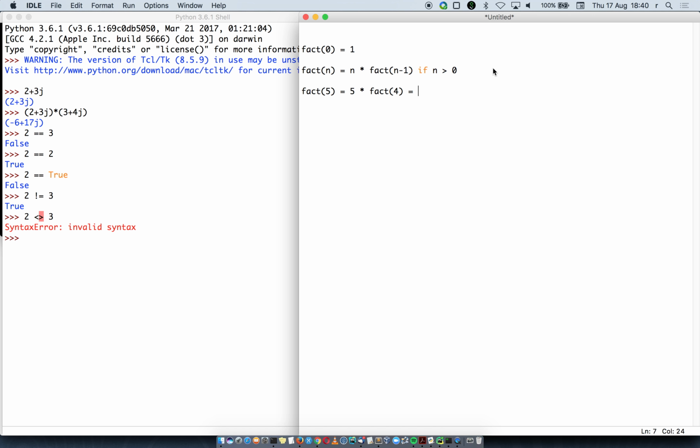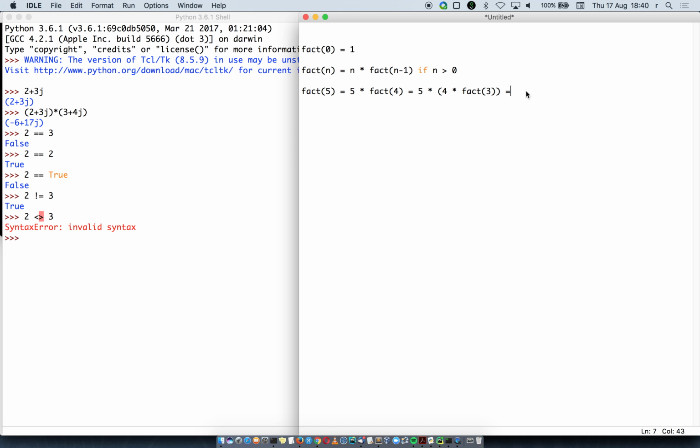We're just applying the definition. Now we know what 5 is, but we don't know what factorial of 4 is. So let's apply the definition again. So 5 times 4 times factorial of 3, and at this point we should add brackets, because according to the definition, the operation 4 times factorial of 3 should be performed before the multiplication by 5. And then factorial of 3 should be 3 times factorial of 2.